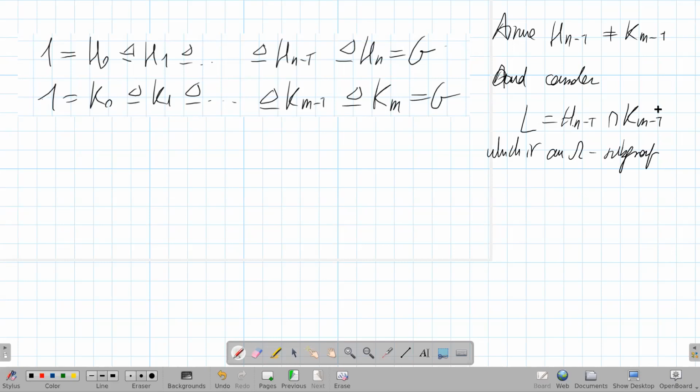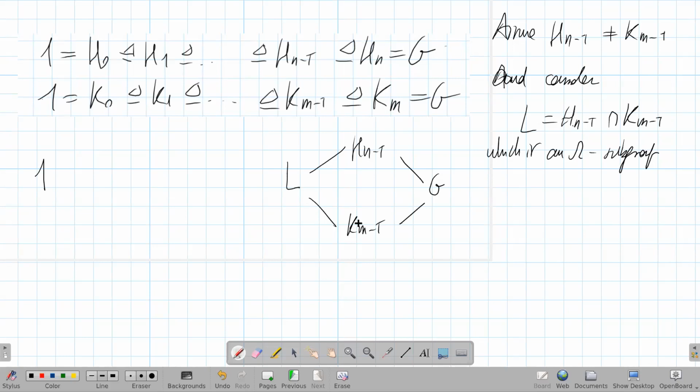So the situation is the following: you have 1, and you have L here. Then L is the intersection of H_{n-1} and K_{n-1}, and then you go to G. Now let's consider what happens in this square.